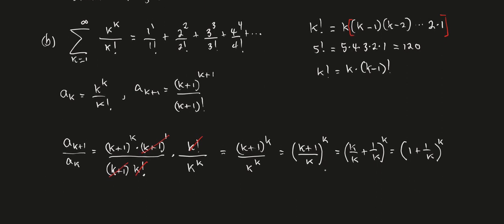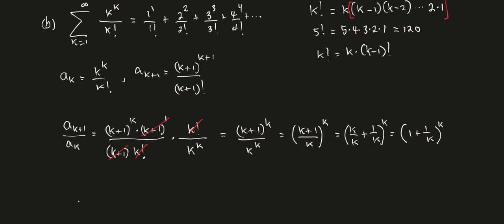All right, so that's the term now. So to find our r, we're going to take the limit as k goes to infinity of what we just wrote down, the 1 plus 1 over k to the k.